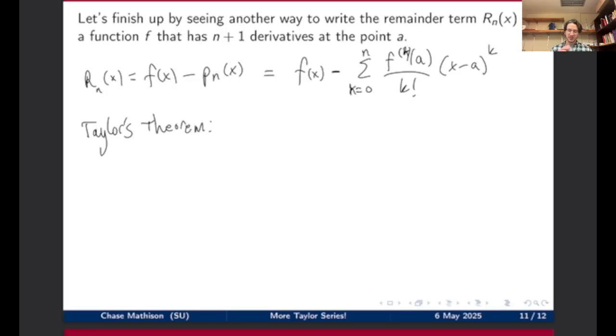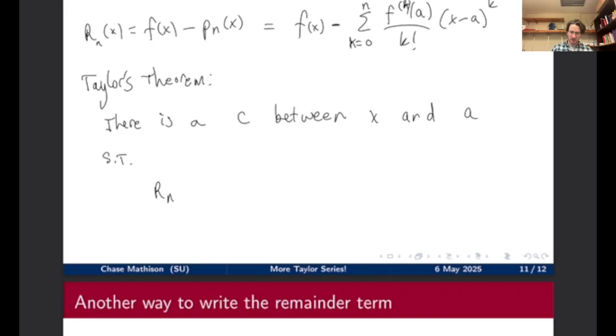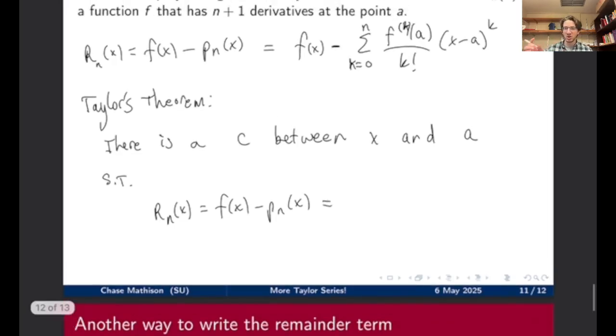and it says that another way you can write this remainder is as follows. There is a c between x and a such that Rn of x, which is equal to f of x minus Pn of x, is actually just equal to what you would get for the next term in the Taylor series.